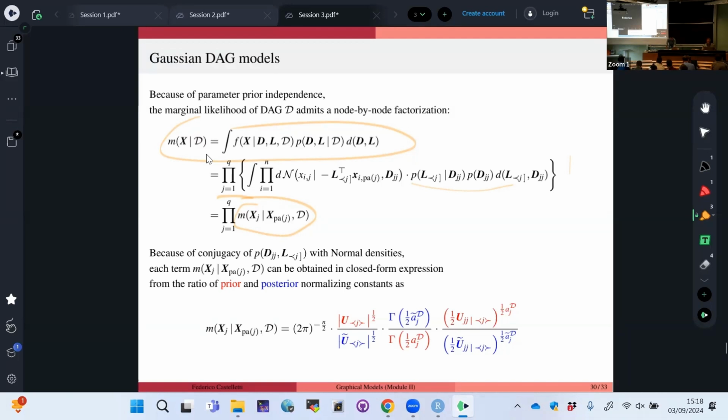Of course, there is a strict connection between Bayesian linear regression and lasso regression, or actually the connection is more with ridge regression.